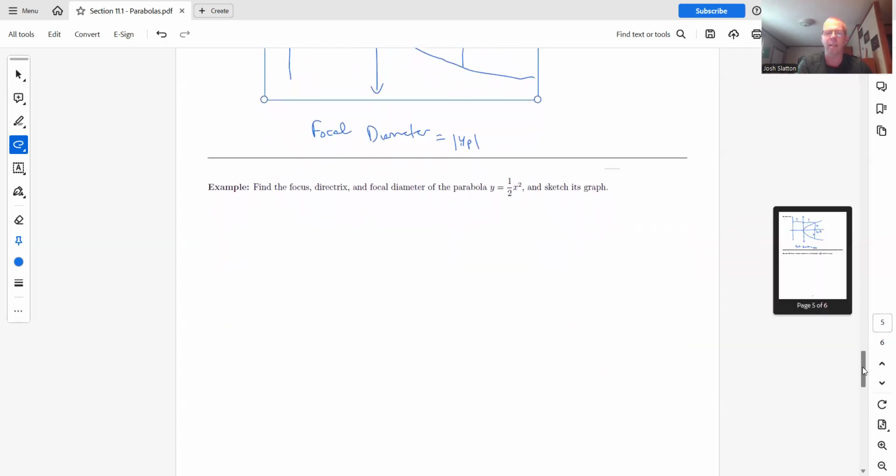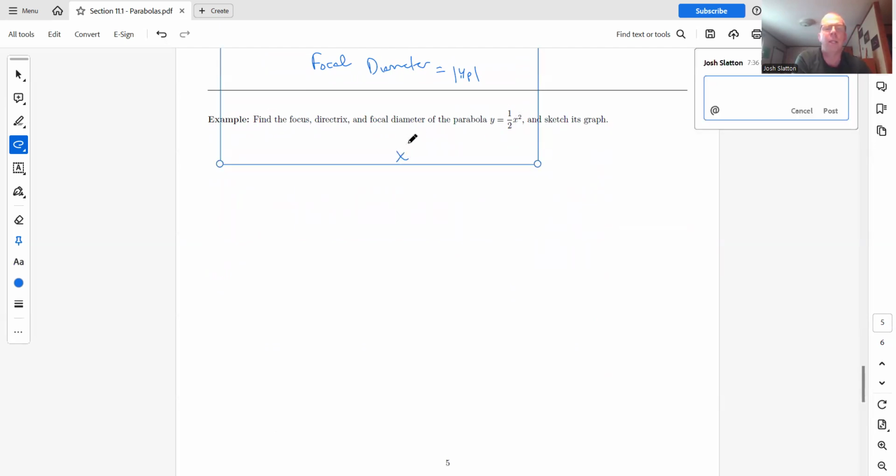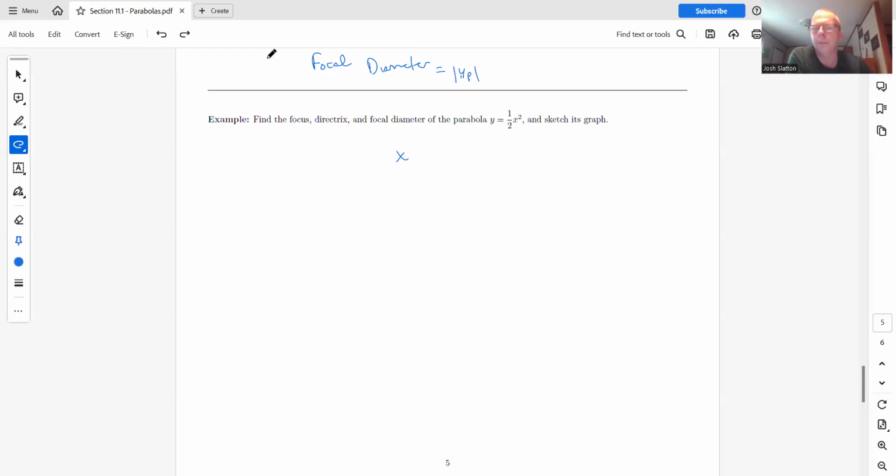So let's look at this example. Find the focus, directrix and focal diameter. So we have y equals 1/2 x squared. Let's solve this for x squared. Multiply both sides by 2, we get x squared equals 2y.